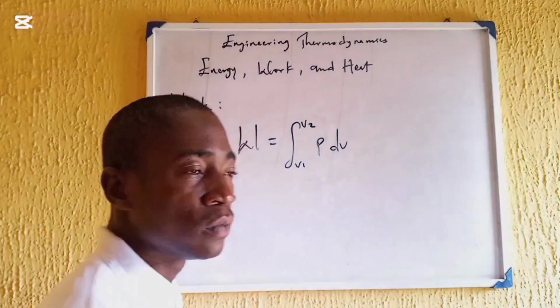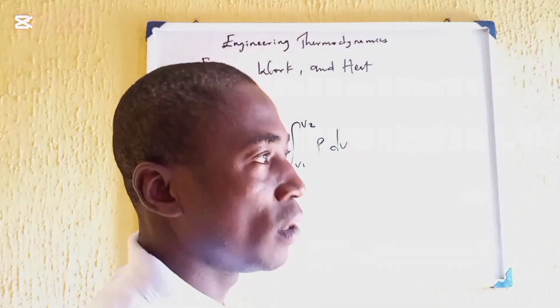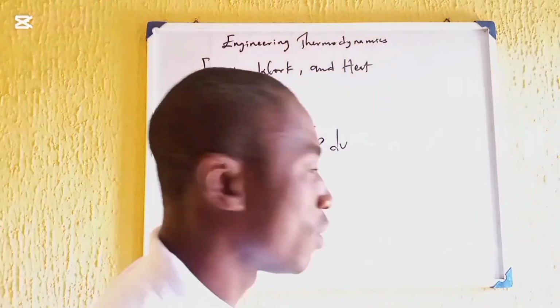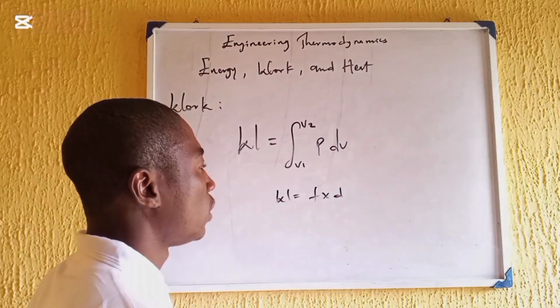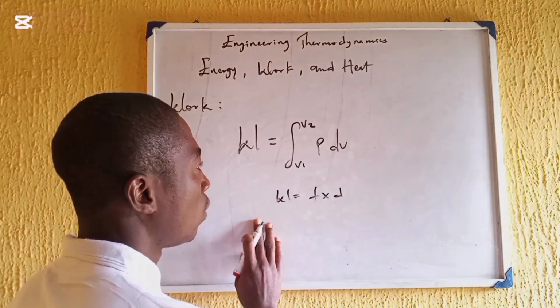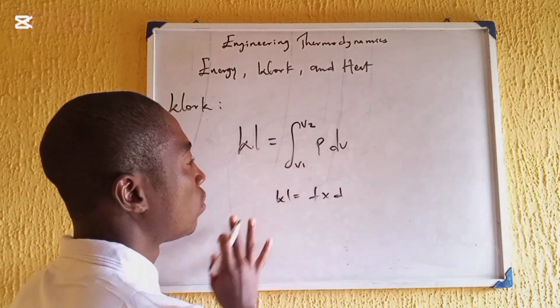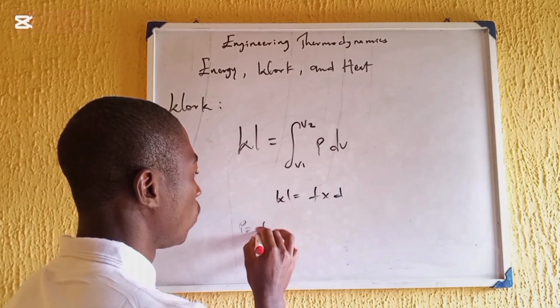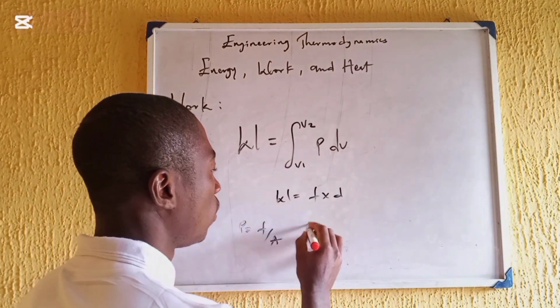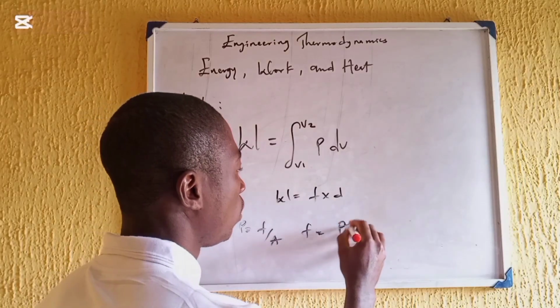Before we begin to use this formula, it's necessary we first of all define what? Our pressure. Of course, in physics, we are familiar with the formula work is equal to force times distance. But in thermodynamics, we are looking at work in terms of what? Pressure. Now look at it. Pressure is equal to force per unit area. Then force is equal to PA.